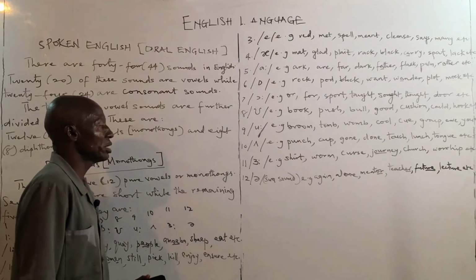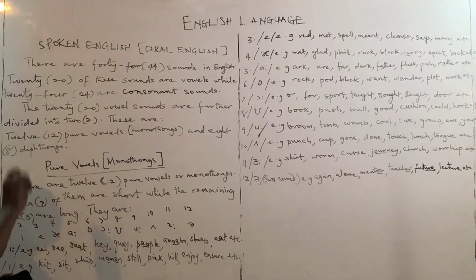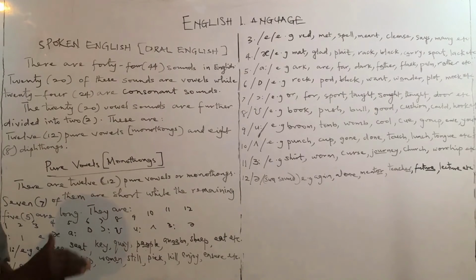And the next one is number 3. Don't forget, by number 3 we have the short one, but here you have the prolonged one.